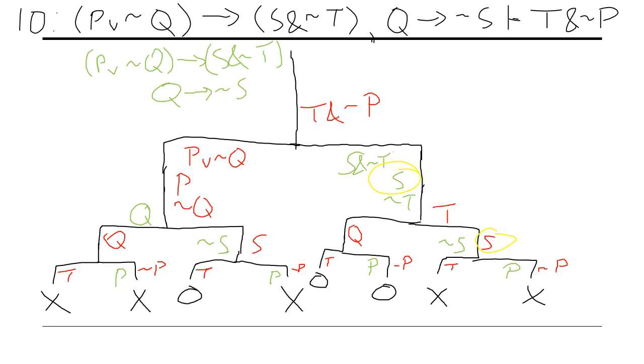T, Q, T. So I've got P, Q, T, S, and I've got some open ones, so I'm going to have invalid. Need a counterexample. P, Q, S, T.